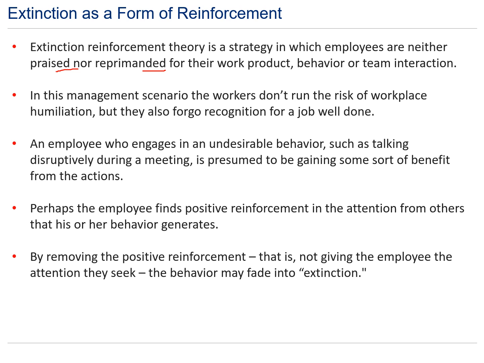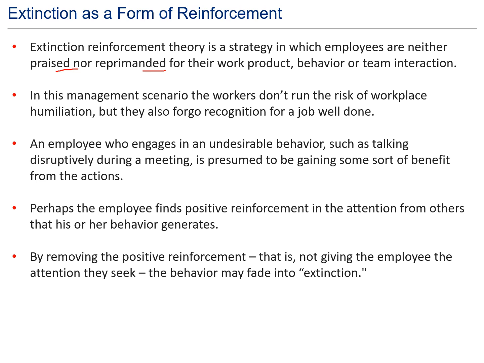For anything that they do wrong, of course, over here also this extinction form of reinforcement can be used when the employee gives undesirable behavior or behaves in an undesirable fashion. At that point of time, extinction can be used as a form of reinforcement by the manager.